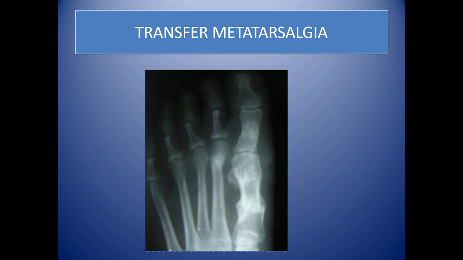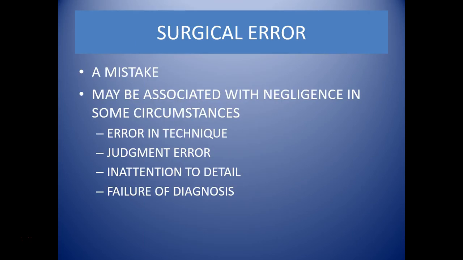Of course, a full-time professional plaintiff's expert might not be so quick to agree. And so the question becomes, how much shortening is acceptable? How much malalignment of the second metatarsal is acceptable? But we know that transfer metatarsal pain following a bunion is a known sequela.